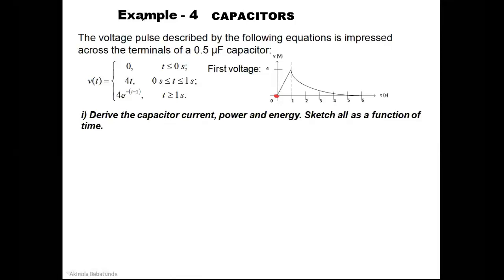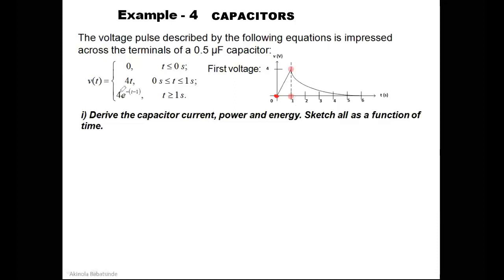Also, when t is equal to 1, because t is greater than or equal to 0 and less than or equal to 1, v of t will be equal to 4. So when t is equal to 1, our v of t is 4. You can see this is up to 4 here. You can join these two points together to form your graph. So this is when t equal to 1.